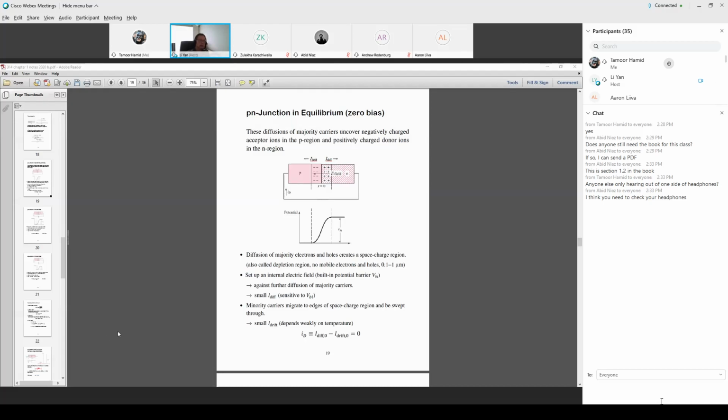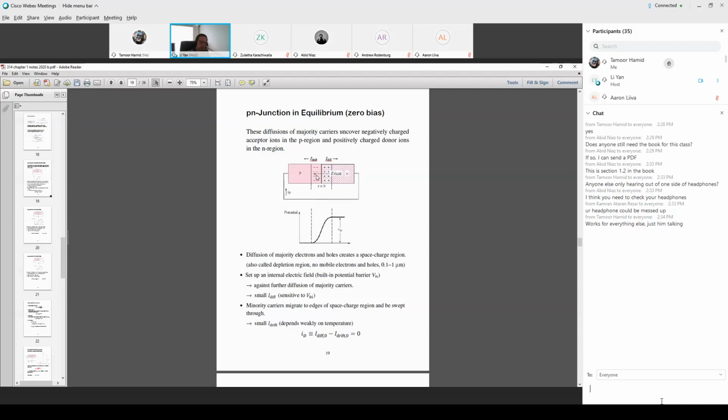Next page, where we ended last time: the diffusion process begins. Diffusion occurs. Electrons near the interface diffuse across into the p region.